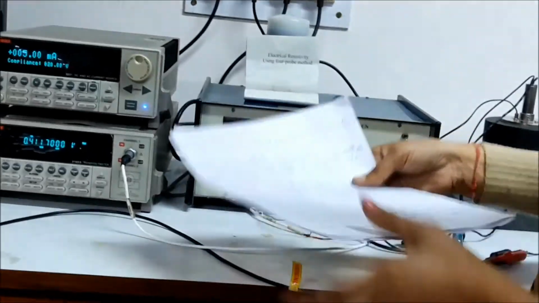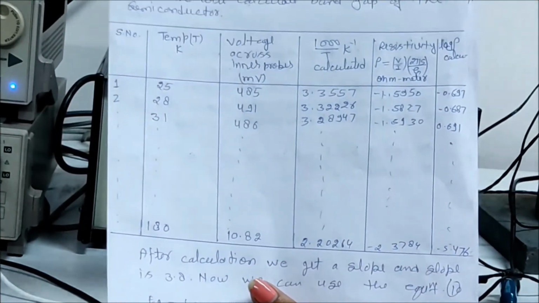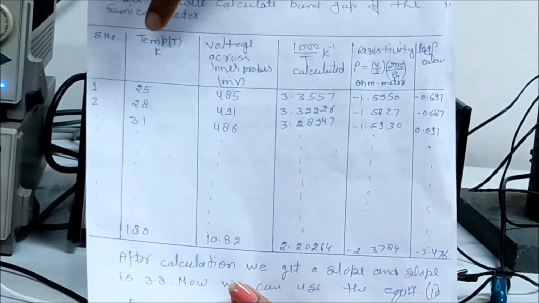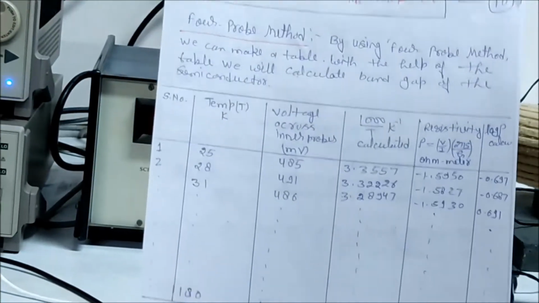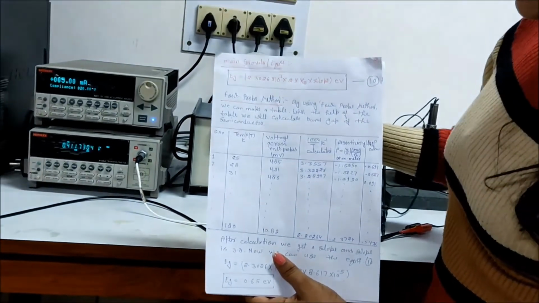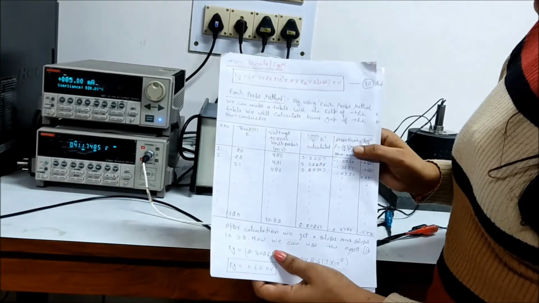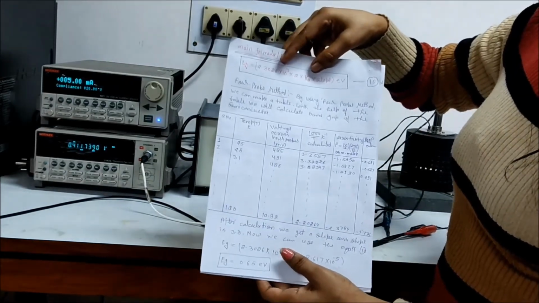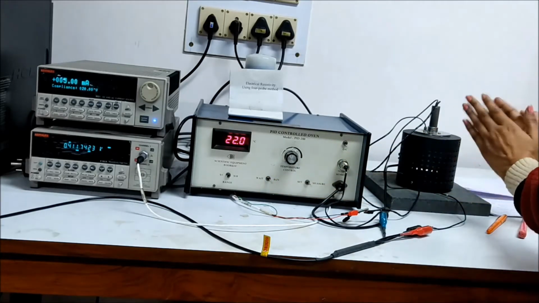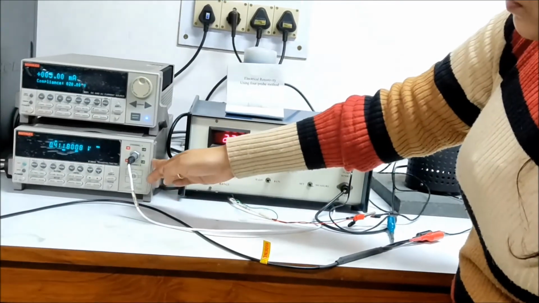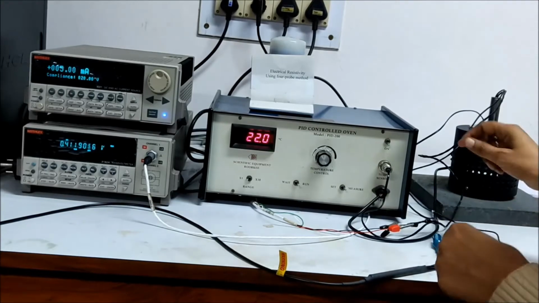Temperature here is in centigrade, and we make a table. After that, as the temperature increases, the voltage also increases correspondingly.